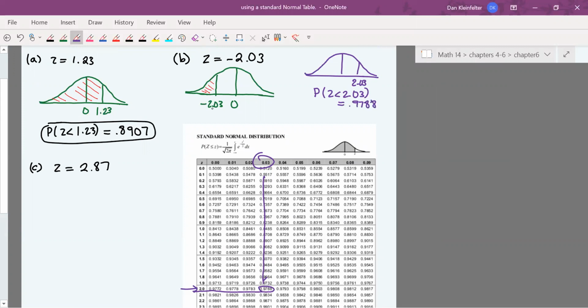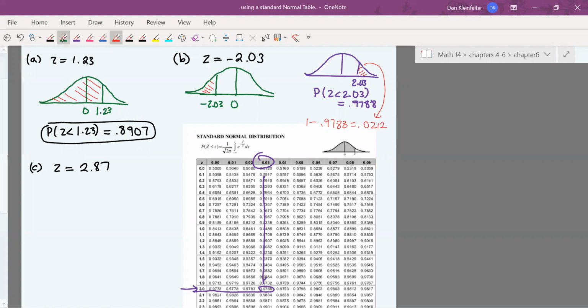But then for this, we really want the area in the tail. So that will be the complement. Remember that the total area under the curve is 1. So 1 minus 0.9788 is 0.0212. That's the area in the tail.